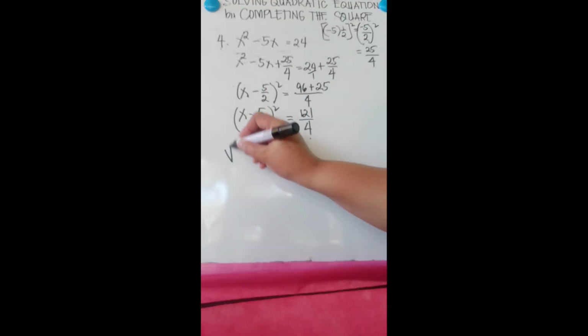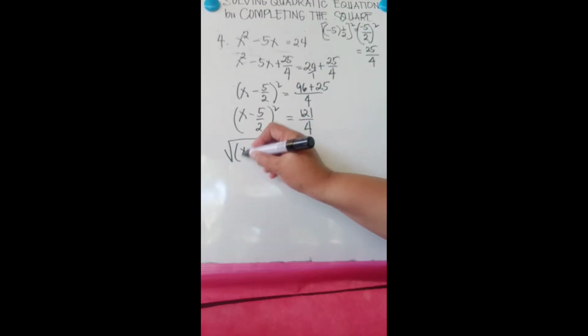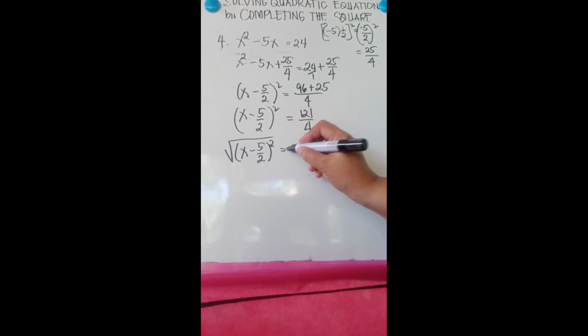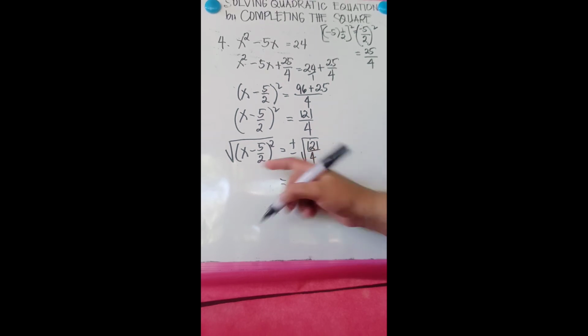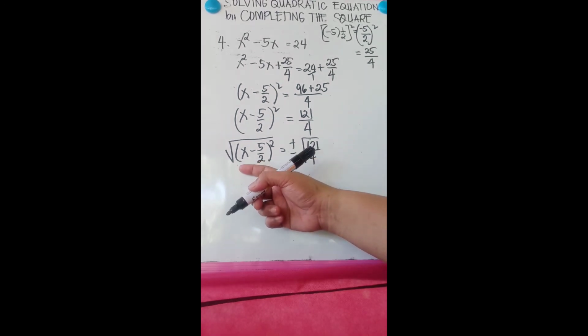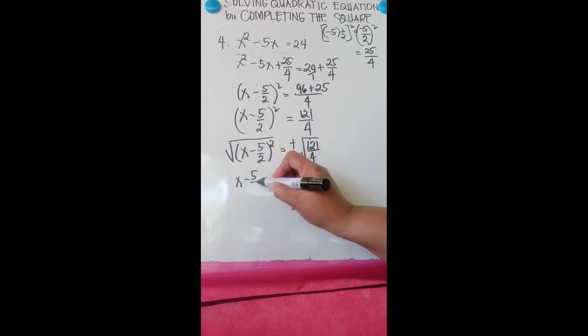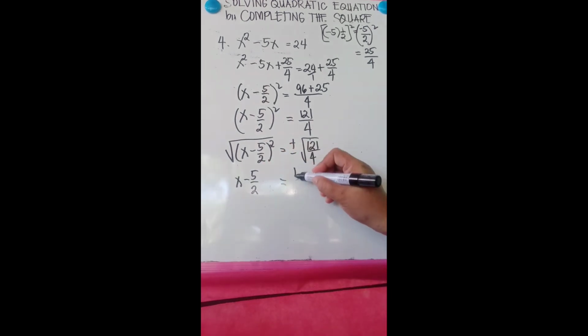Okay, ngayon, extract now the square root on both sides of the equation. Okay, and then we have positive, negative, square root of 121 over 4. Okay, so the square root of the square of x minus 5 over 2 is x minus 5 over 2. Then we have positive, negative, square root of 121 is 11 over square root of 4 is 2.